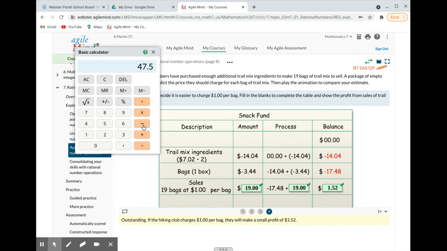And then we can subtract the $17.48. Oh yeah, $30 is a lot better than $1, don't you think? Y'all don't think it's better to make $30 than $1? It's $30.02. Yeah. It's a lot better.